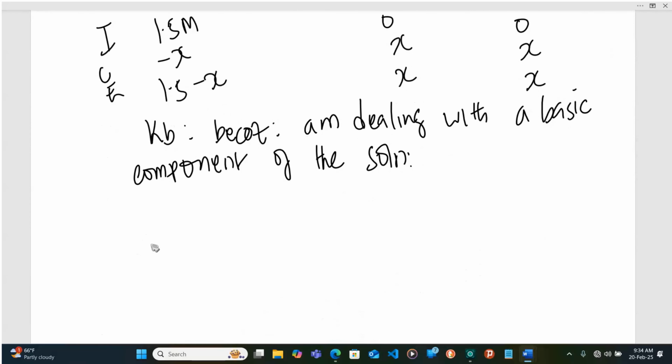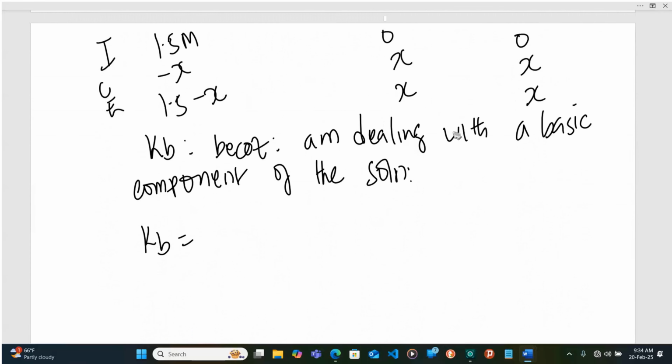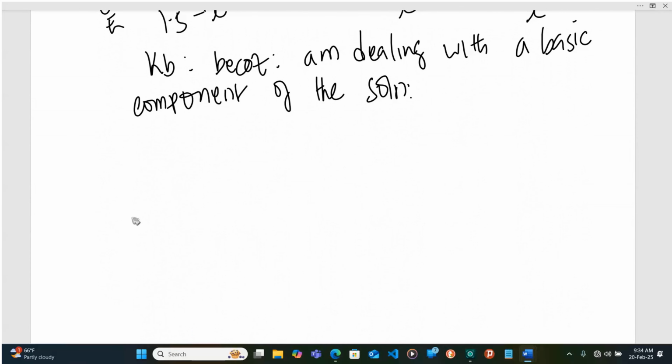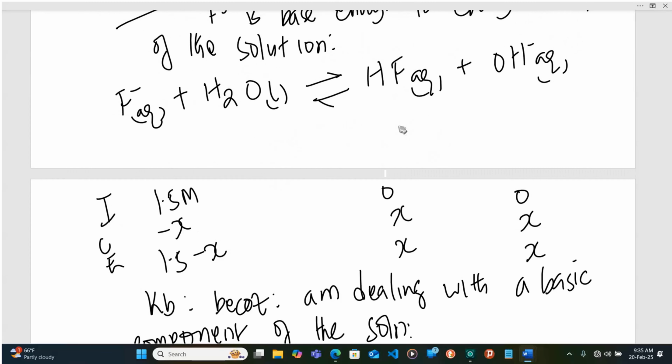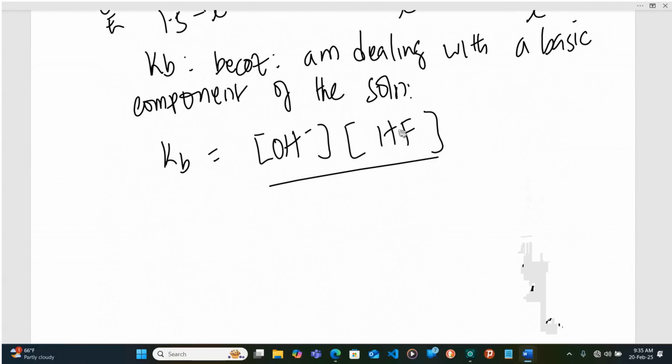So what is the Kb? Kb will be the concentration of hydroxide ions times the concentration of HF divided by the concentration of the fluoride ions. And I'm going to use the equilibrium concentrations.